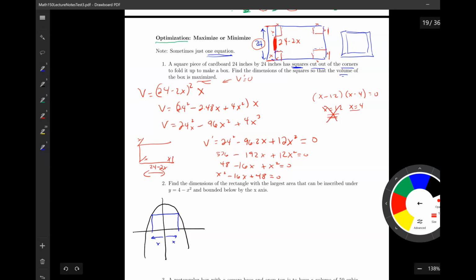So the width of the square that I'm cutting out is x equals 4, and then the dimensions: the height of the box would be 4, and the width and the length would be the same thing, and that would be 24 minus 2 times 4, which is 8, right? So the width and the length would be 16.